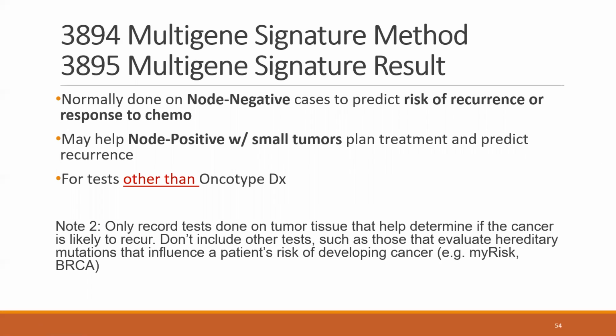They want to predict the recurrence or the response to chemo. Only record the test done on tumor tissue that might help determine if the cancer is likely to recur. So these would be like MammaPrint, some of the other tests that you might see at your facility.